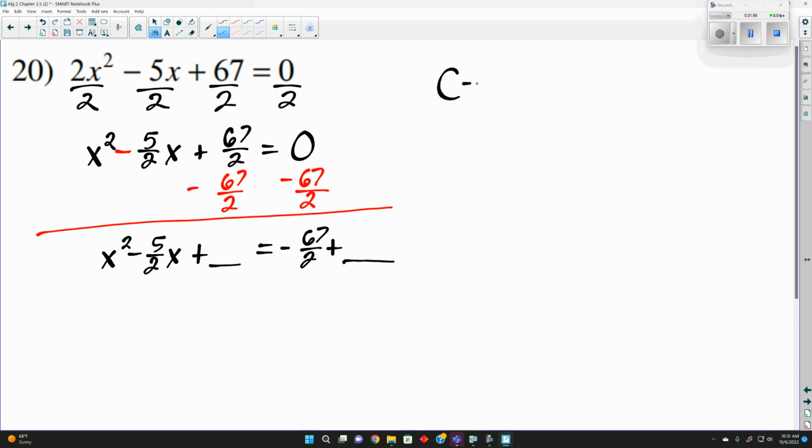Now finding C is b over 2 squared. Well, we have -5/2 divided by 2 squared. Now again, we don't want to do that whole thing at once because we need what goes inside the parentheses, yes?